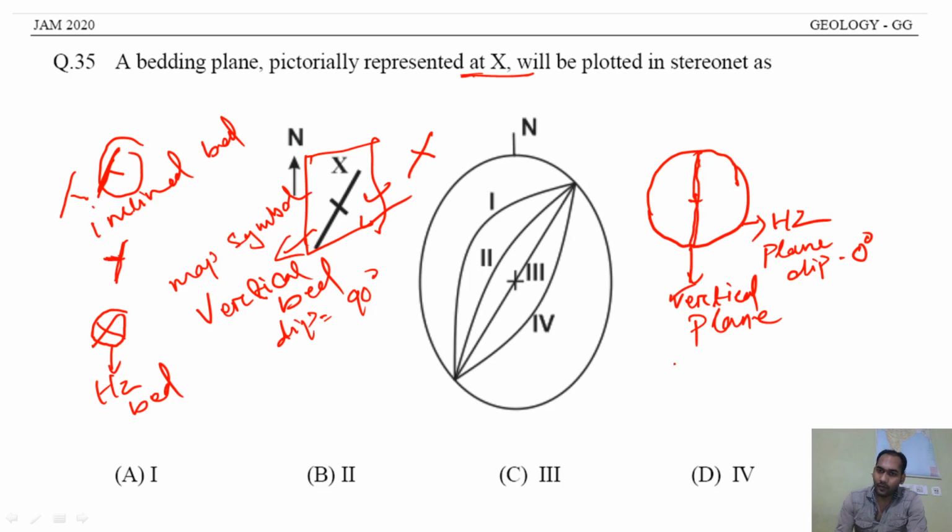Vertical plane means what? Dip is 90 degree. So the outer circle is 0 degree, and this straight line passing through the center is the vertical plane, or dipping 90 degree.